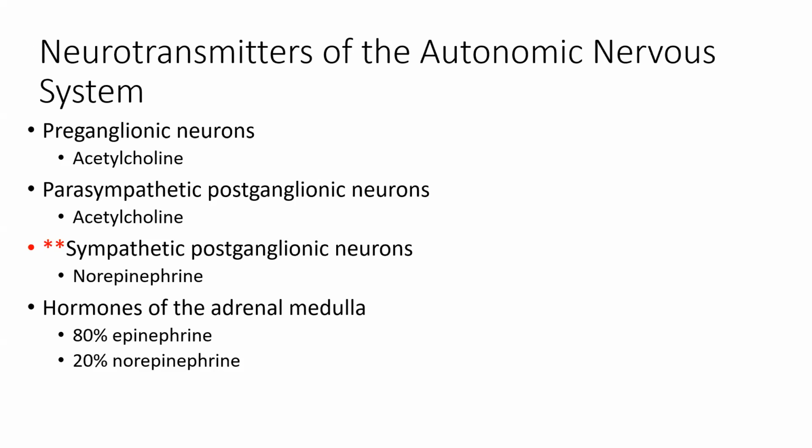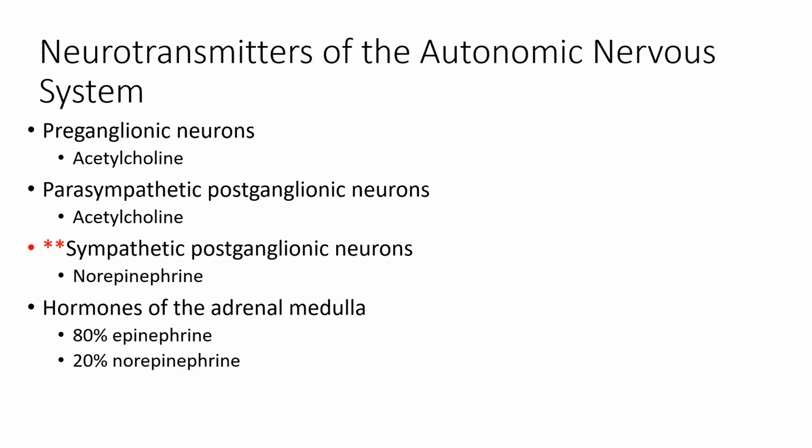So let's speak about the neurotransmitters that are involved and where they're involved. This is kind of where this gets a bit tricky, so make sure you're paying close attention here. We've got preganglionic neurons, that's the first neuron in the series of two neurons. All preganglionic neurons release acetylcholine. All of them, irrespective of being in the sympathetic system or the parasympathetic system, release acetylcholine.